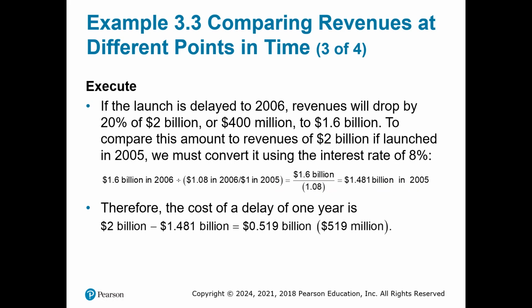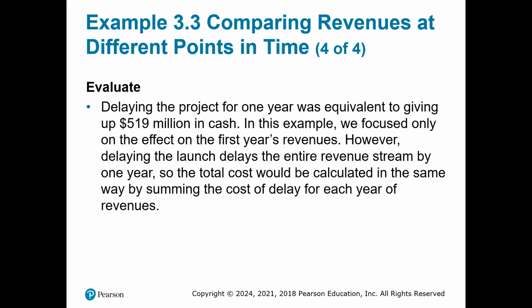Therefore, the cost of a delay of 1 year is $2 billion minus $1.481 billion, equal to $0.5119 billion, or $519 million. To evaluate this, delaying the project for 1 year was equivalent to giving up $519 million in cash.